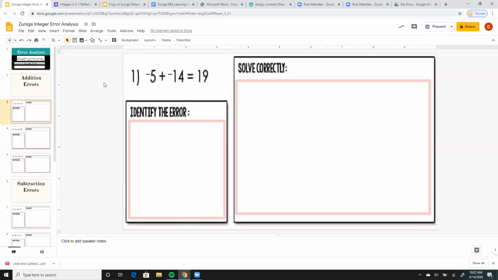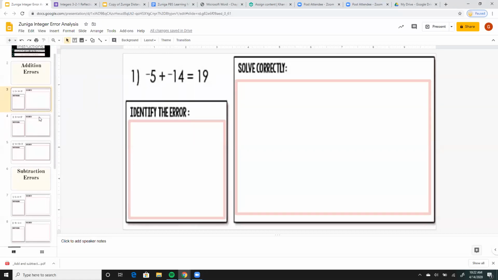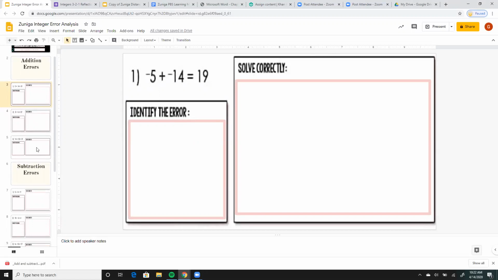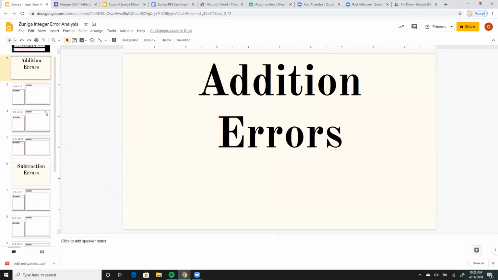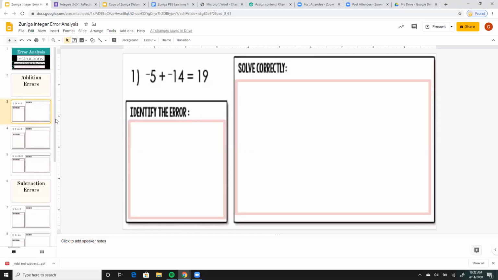Here's the first one. It's a little PowerPoint called integer analysis, and I'm going to share it with you on Google Classroom, so you'll each have your own and can write in it. I'm going to do an example for you. I'm going to identify the error, which means I'm going to tell you what's wrong. I know that 5 plus 14 is 19, but that's not 5 and 14, that's negative 5 and negative 14.